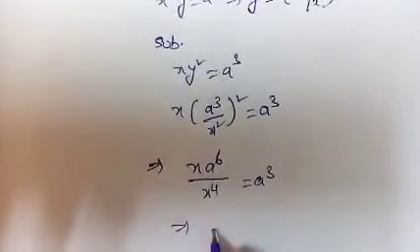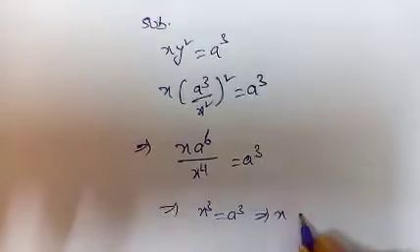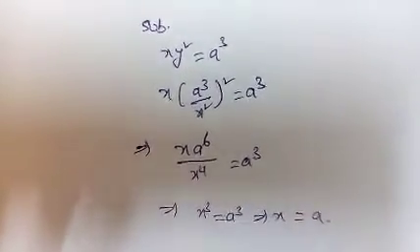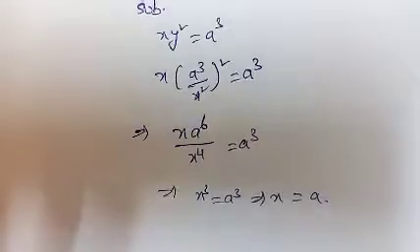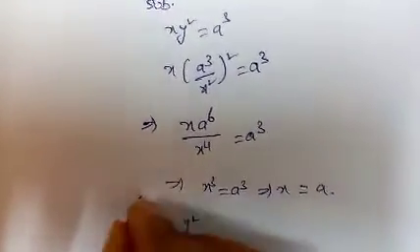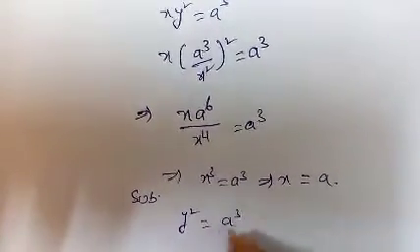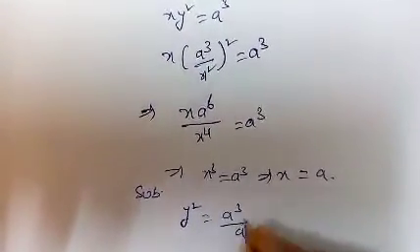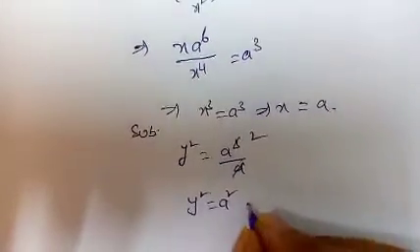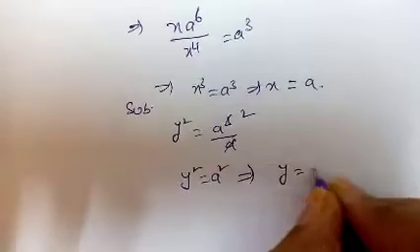So then x cube equal to a cube. So here x equal to a. Now substituting this x value, y square equal to a cube by a, so here we get a square, then y square equal to a square, so y equal to a.